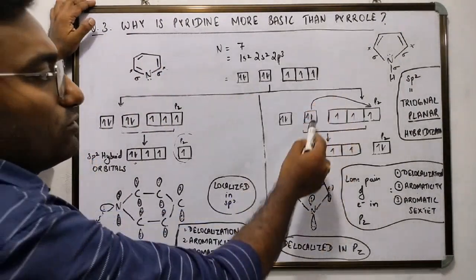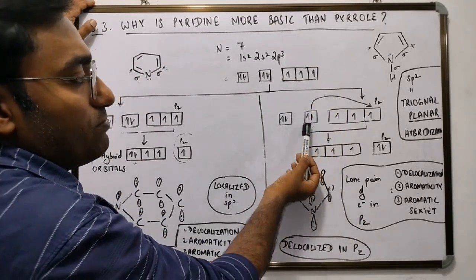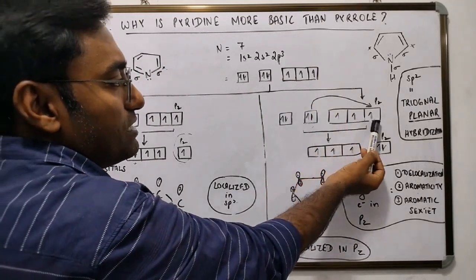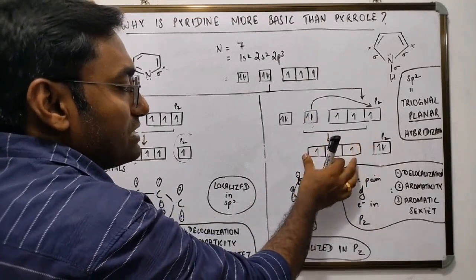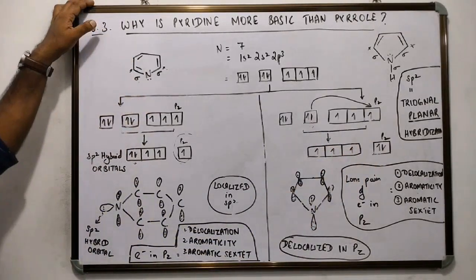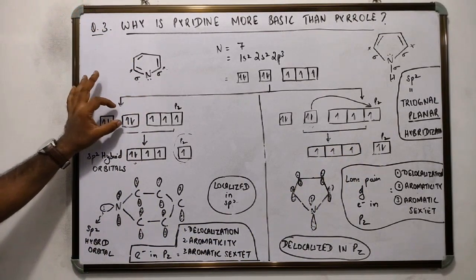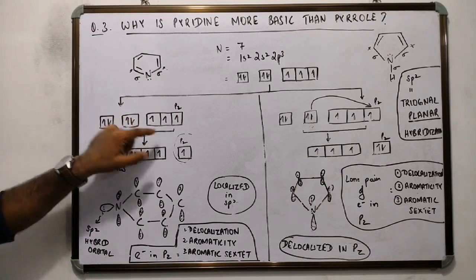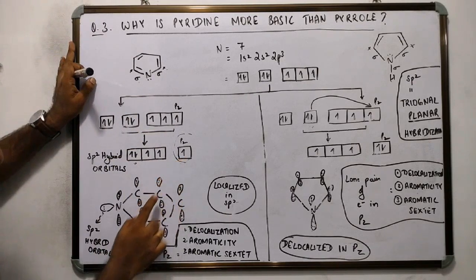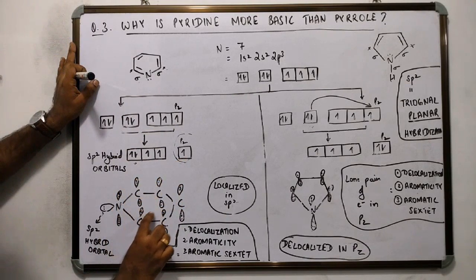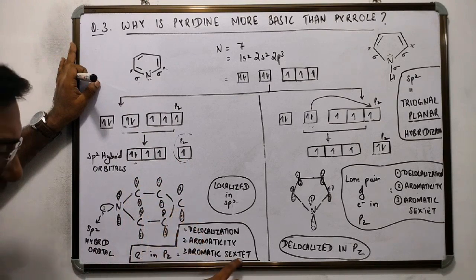But in the case of pyrrole, there is a jump of an electron from the 2s orbital to the pz orbital, and it is only after that jump that hybridization takes place. In pyridine, by not jumping to the pz orbital, the pz orbital remains potent enough to participate in the formation of an aromatic sextet.